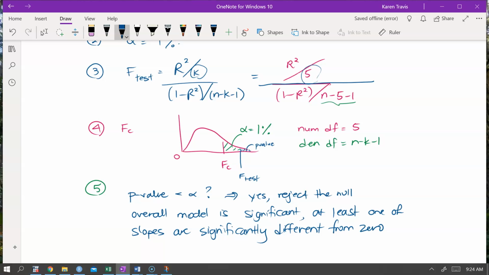So the overall significance test is most useful when you are not having significant coefficients. But if you have one or more significant coefficients, you can find that in your t-test as well as having this test reject the null.